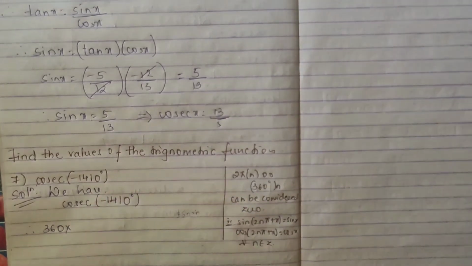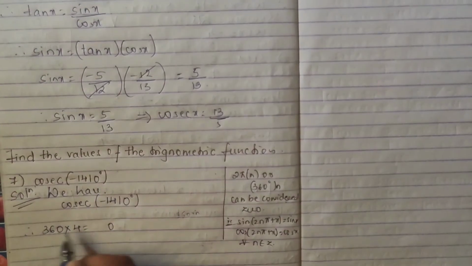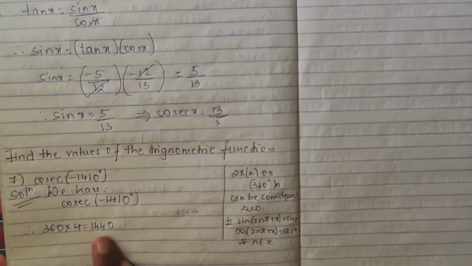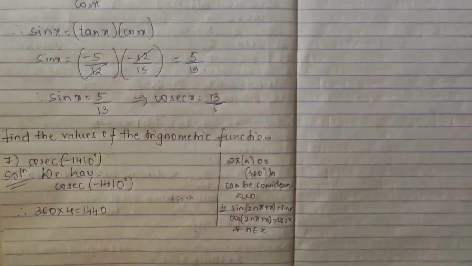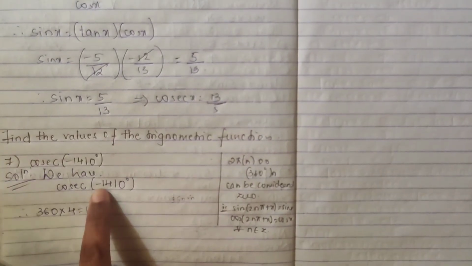We will just go to nearby values. If I consider 360 into 4, I get 1440. But here in cosec you have minus 1410.